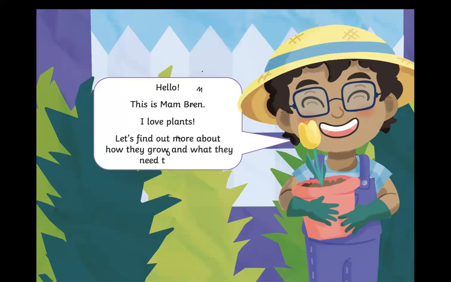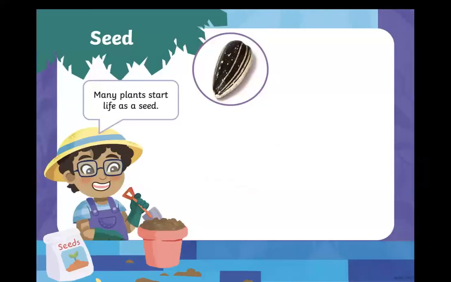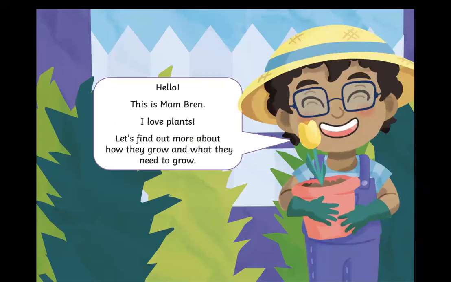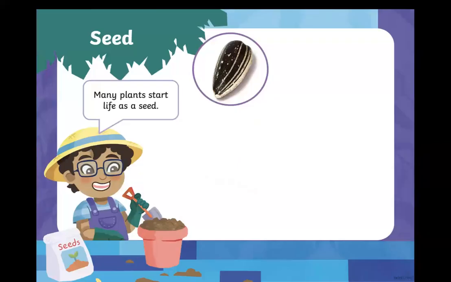Okay, so to start up, the first part of a plant is, of course, the seeds. Many plants start life as a seed. The picture you are looking at right now is a sunflower seed.